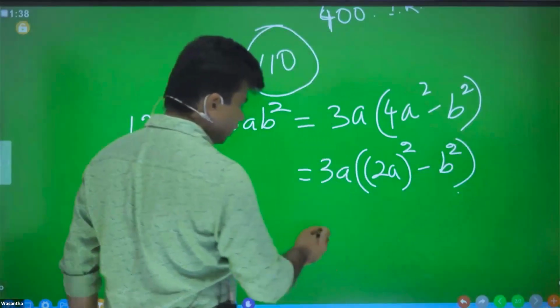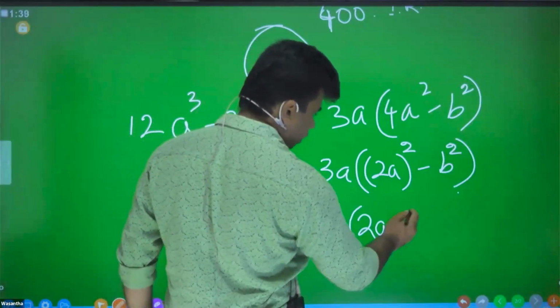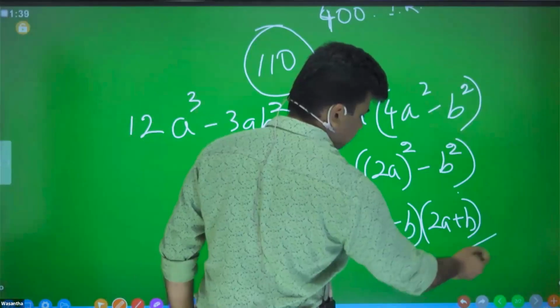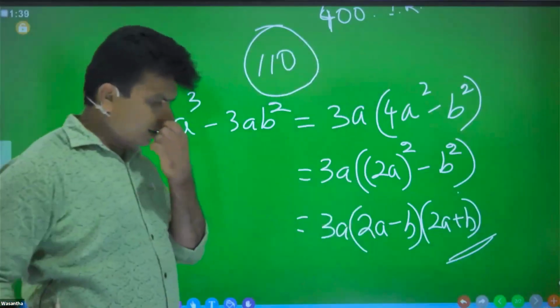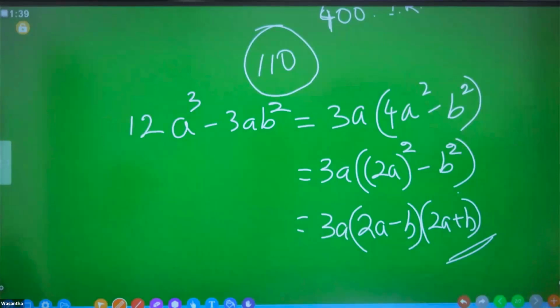Then we can go to the difference of two squares: 3a into one factor 2a minus b, other factor 2a plus b. They are the three factors, right? Who got this answer? Okay, good.